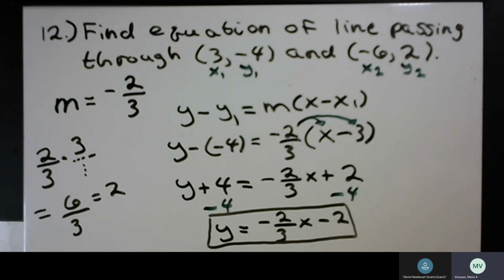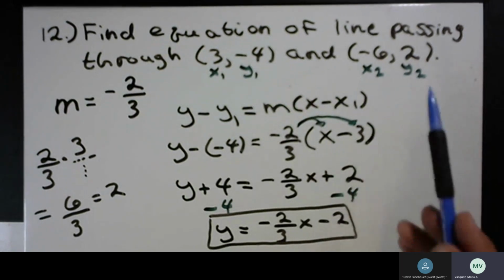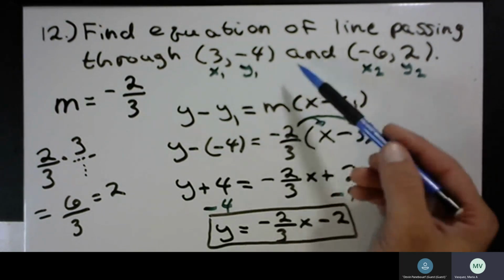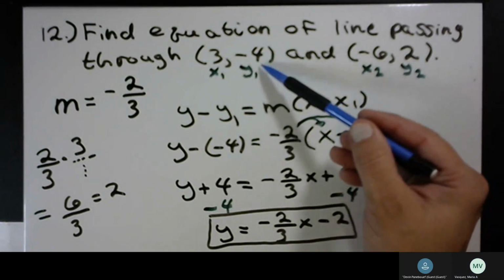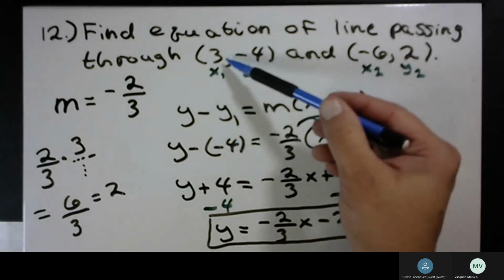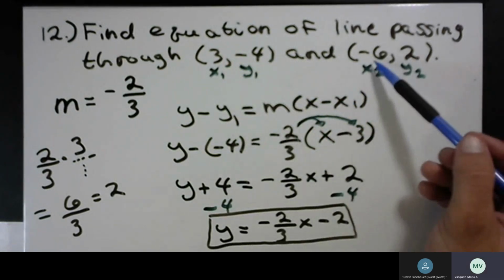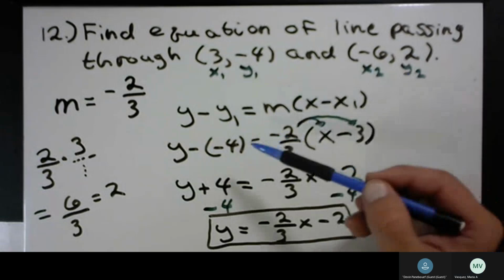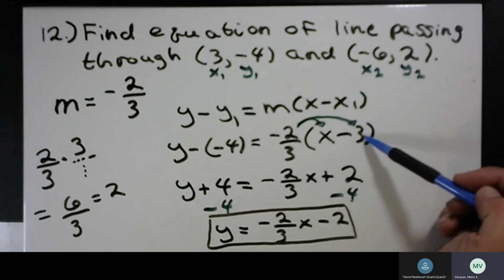Okay, so for this one, Mr. since there's two coordinates, two pairs, like the 3 and the -4 and the -6 and the 2, does it matter which one we use? It actually doesn't, as long as you're consistent. So we use -4 for y1, 3 for x1. Or we could have used 2 for y1 and -6 for x1.